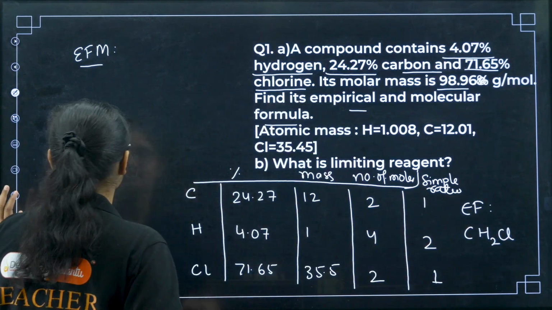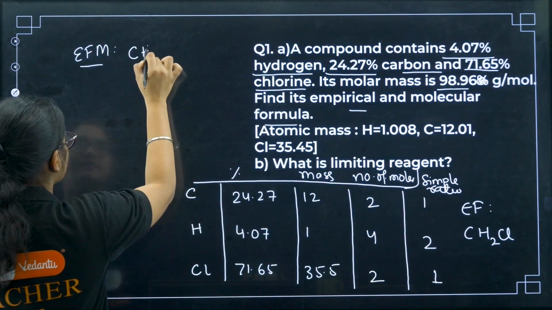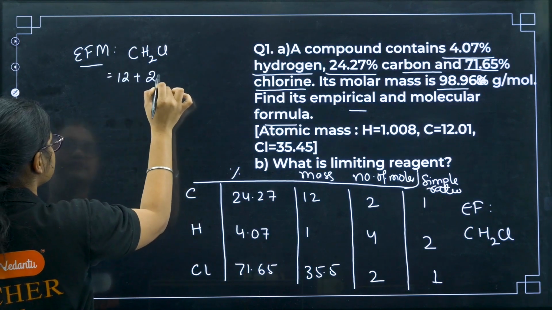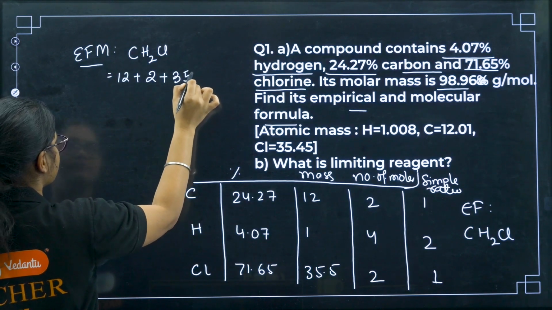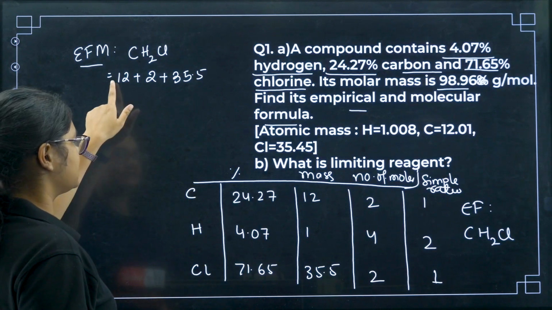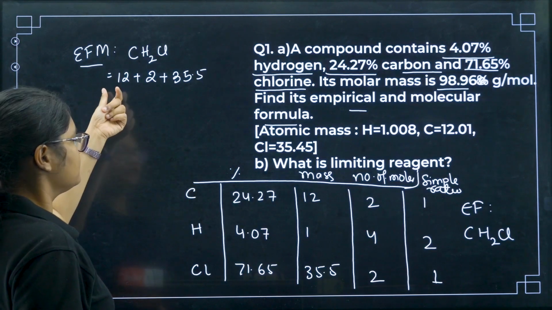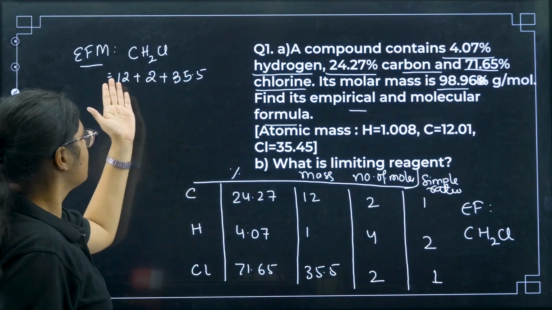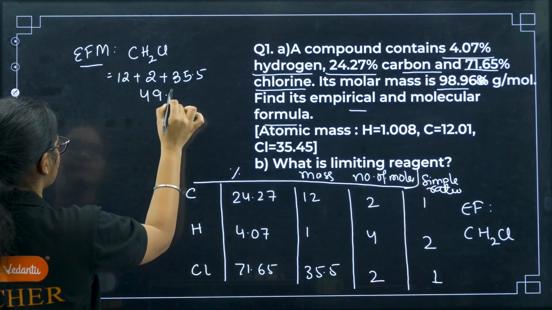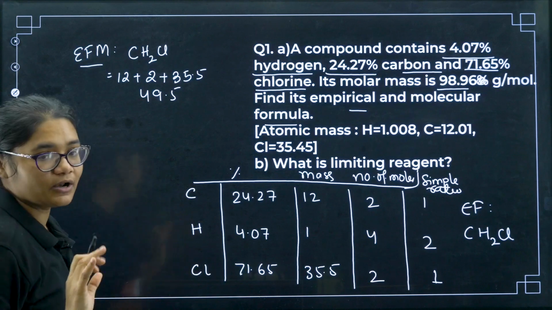Now how to calculate the empirical formula mass? Just add the masses: carbon is 12, 2 hydrogens, chlorine is 35.5. That adds up to 49.5, which is the empirical formula mass.